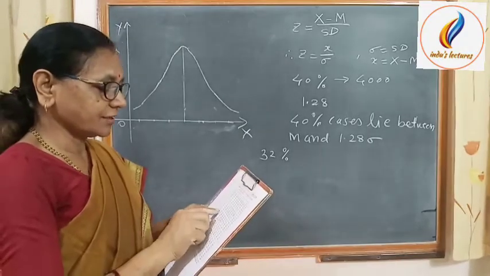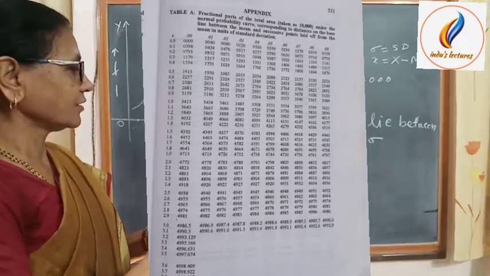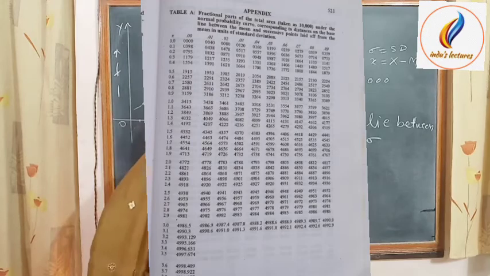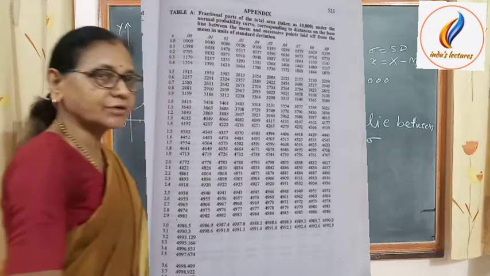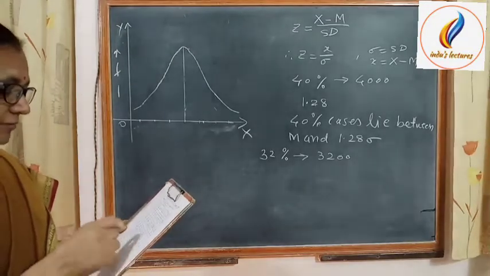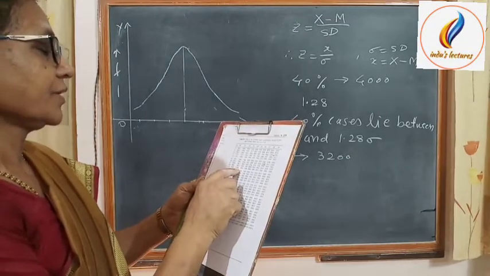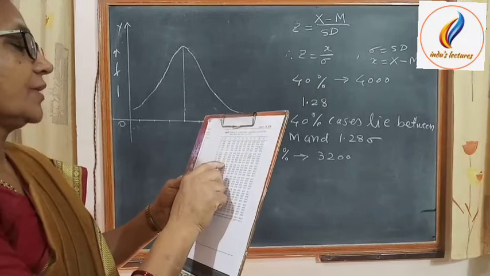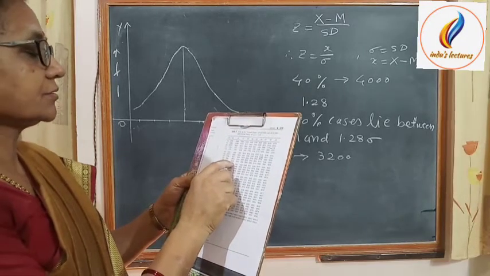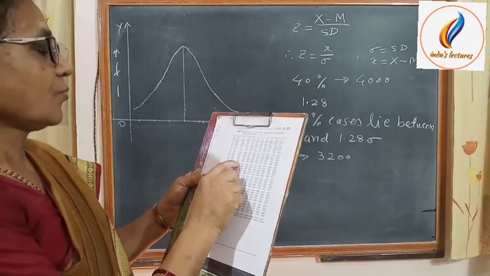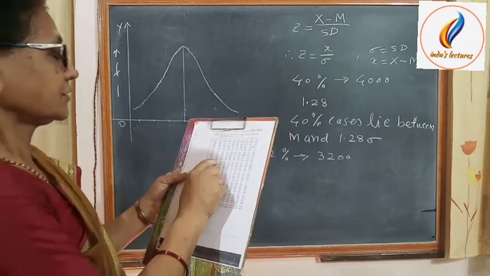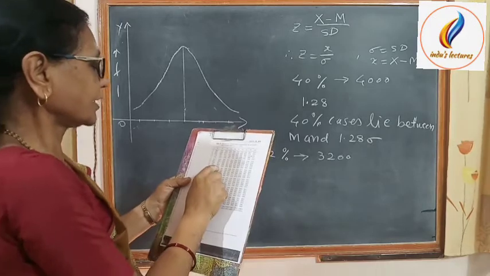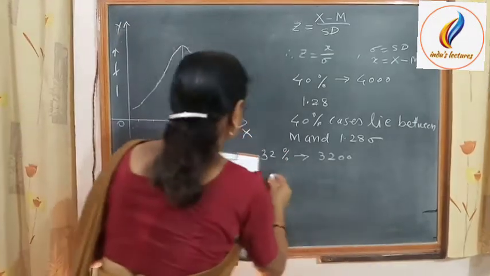Similarly, if we have to find the score limits of 32 percent, now consider the table and find the figure near about 3,200. We find the number of cases between mean and 0.91 sigma is 3,186 cases.